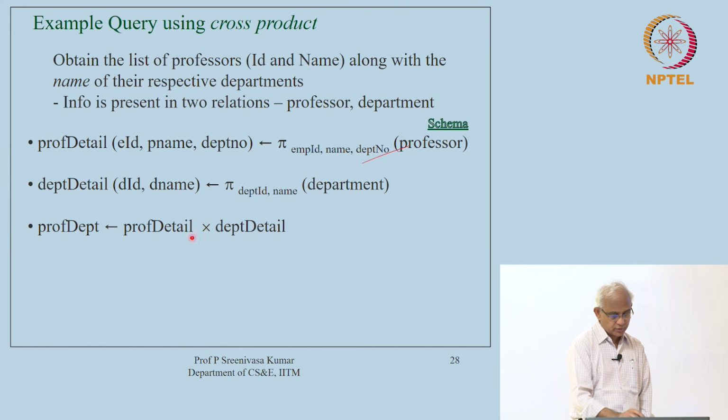Once we do this, a tuple from one relation gets concatenated with every tuple from the other relation, and we have a bunch of tuples. Obviously, we are not interested in all those combinations. We are interested in meaningful combinations of this cross product. What are meaningful combinations in this case?